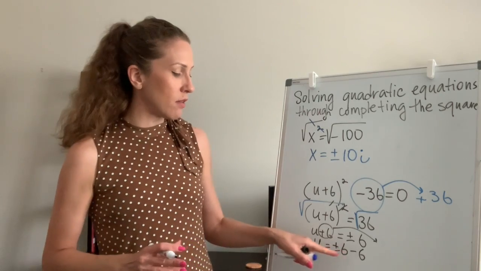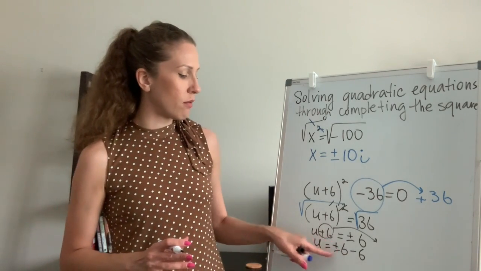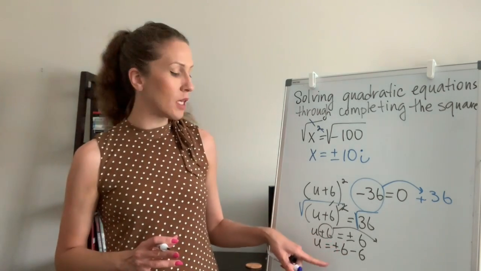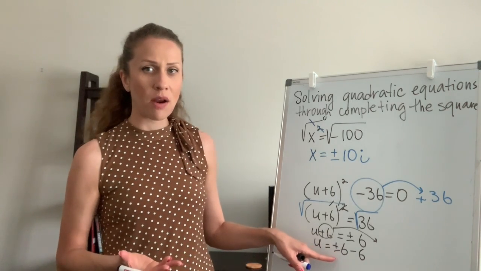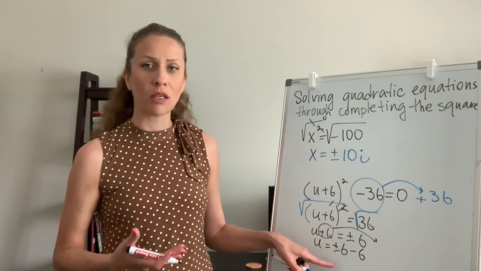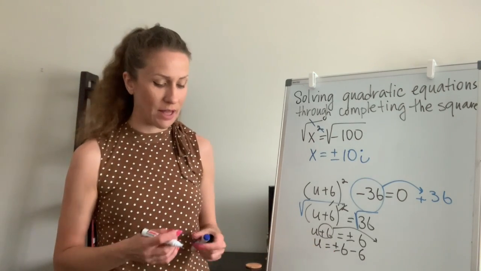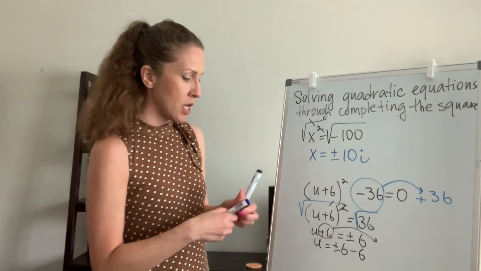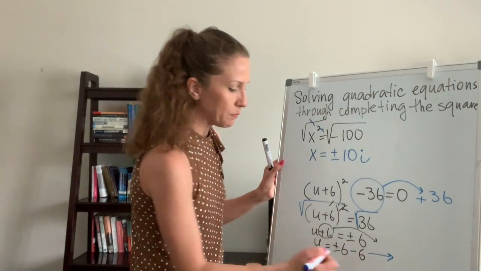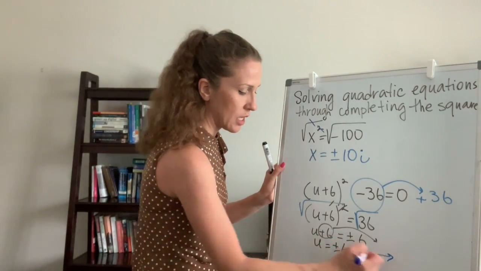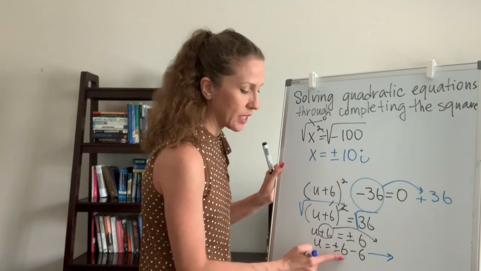Because in this problem, when you square rooted the 36, it was an actual number. It wasn't anything with the radical. It was a nice number. You're going to be able to simplify this answer even more. So this is positive 6 minus 6.